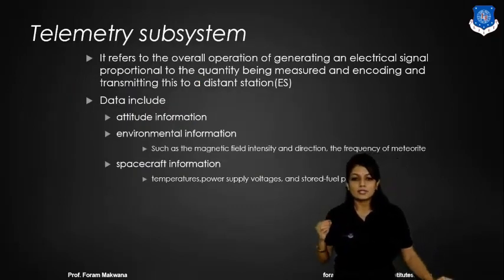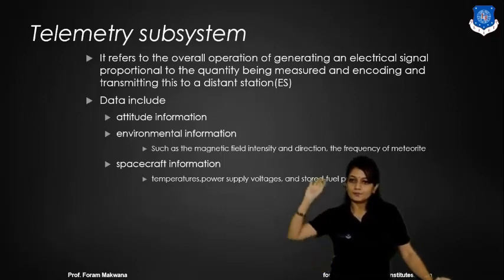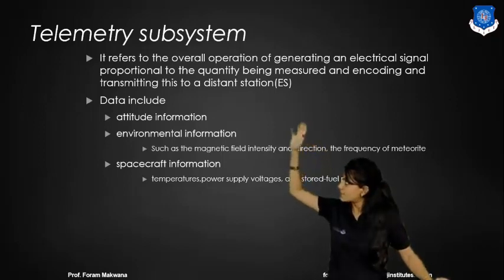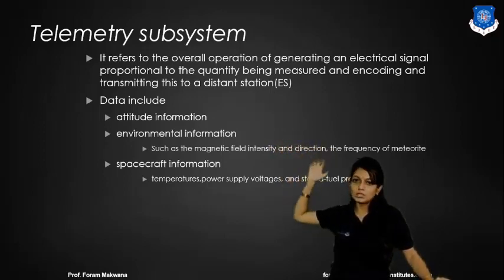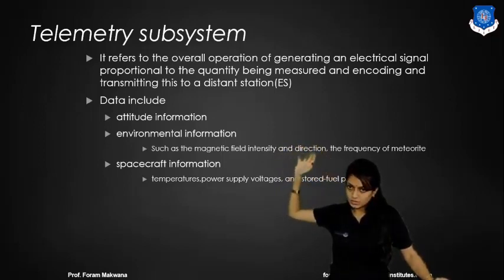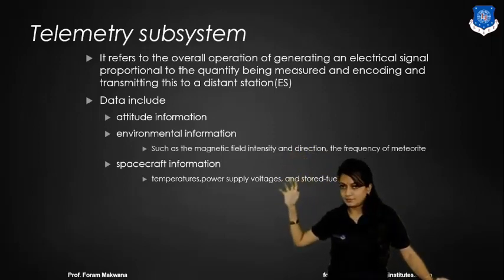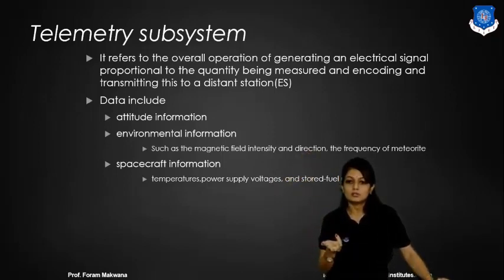Now we will see all the systems one by one: telemetry, tracking, command, and monitoring. Right? So first of all, what is the function of the telemetry subsystem? It refers to the overall operation of generating an electrical signal which is proportional to the quantity being measured. So the data will include the attitude information and the environmental information. The environmental information means what?